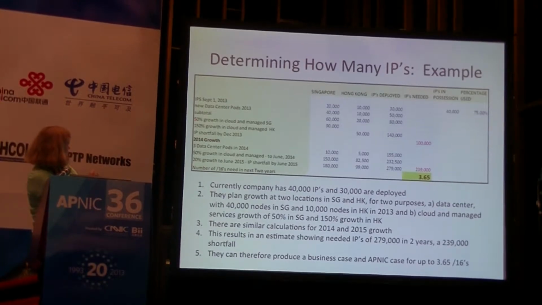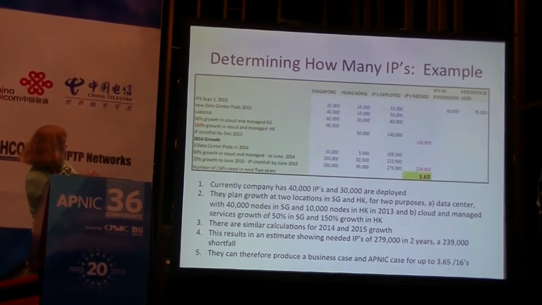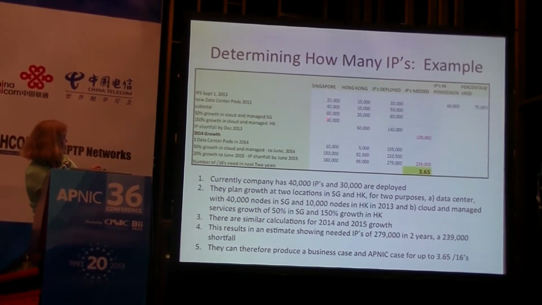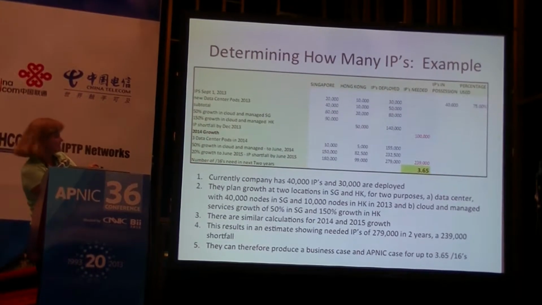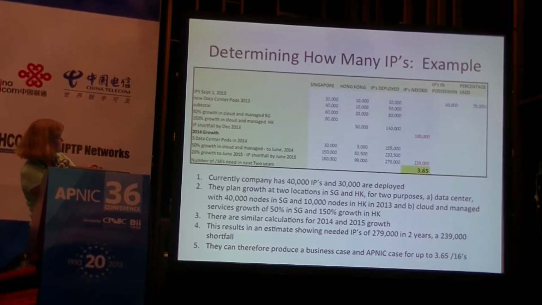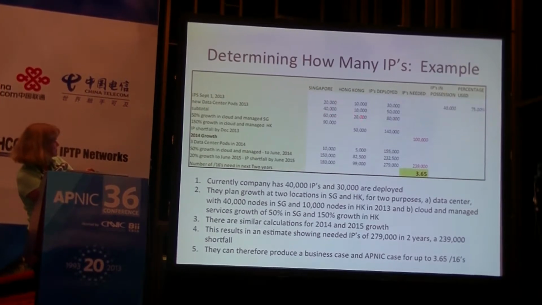So we're going to say there's 50% growth in Singapore, 150% growth in Hong Kong. So today, based on the needs, they have new data center needs of 40,000 IPs and 10,000 IPs in Hong Kong, and that brings them to a total of 60,000 and 20,000.